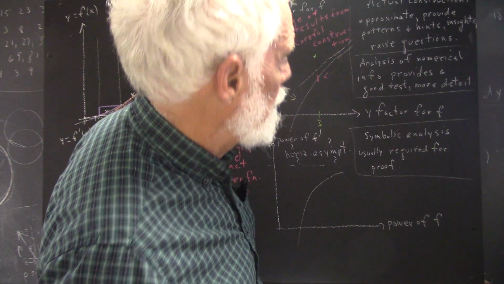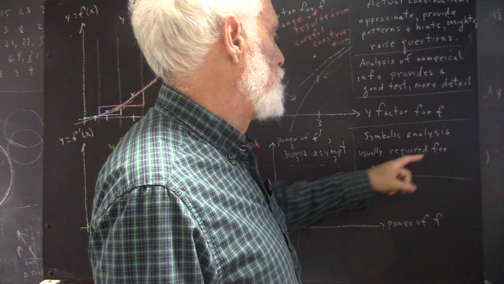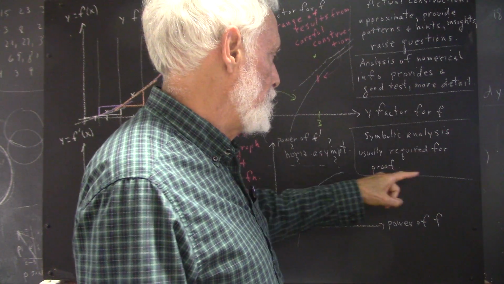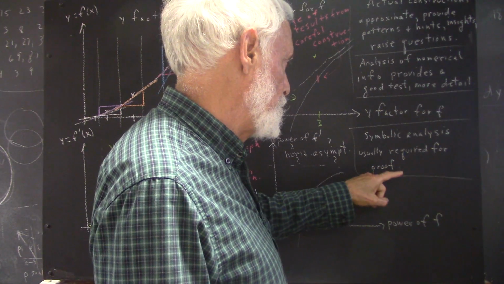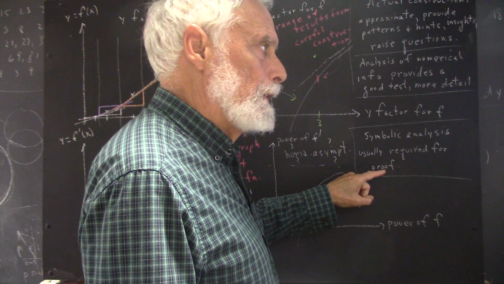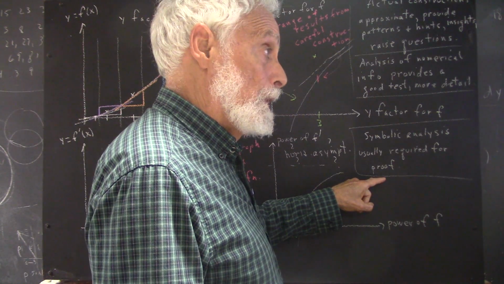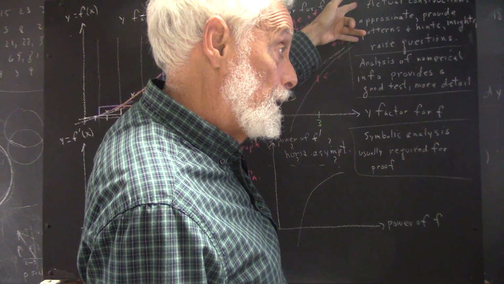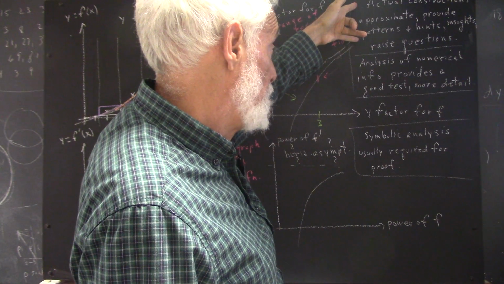Ultimately, we're going to have to resort to symbolic analysis. We usually require some kind of symbolic analysis to attain the level of proof. So we can see a lot and form a foundation through geometric construction.